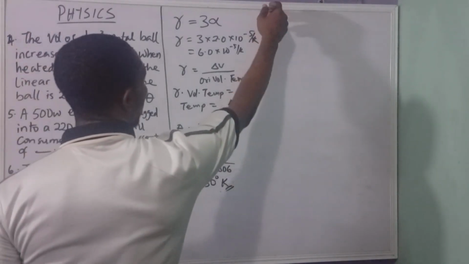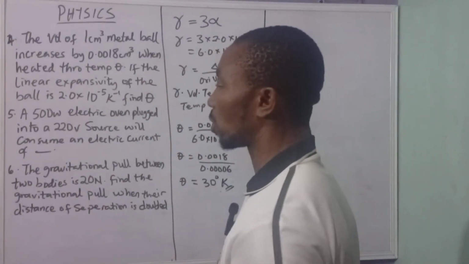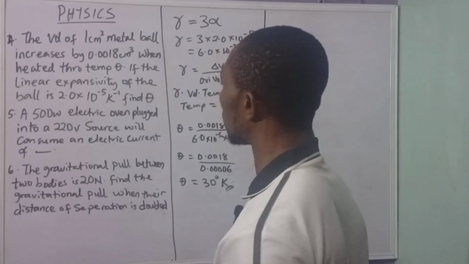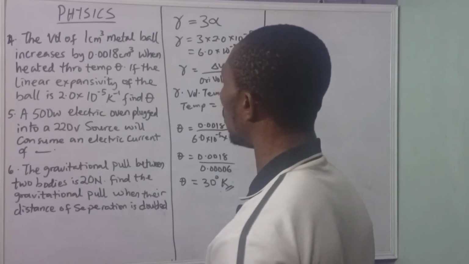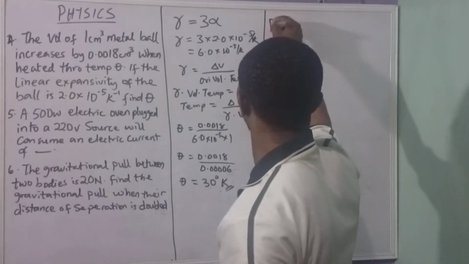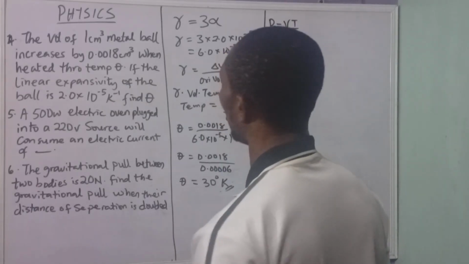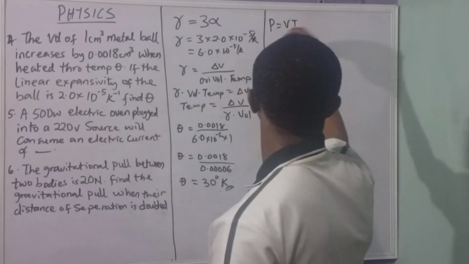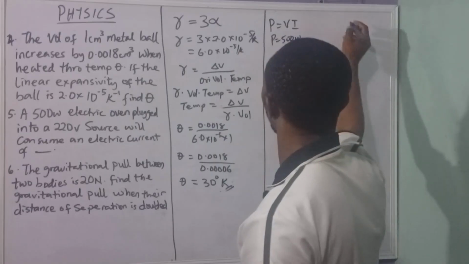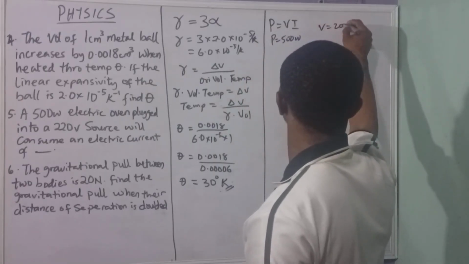Now, for the second question, it says an electric oven plugged into a 220 source will consume what amount of electric current? Now, we know that our power equals voltage times current. We are given the power P as 500 watts, and the voltage as 200.